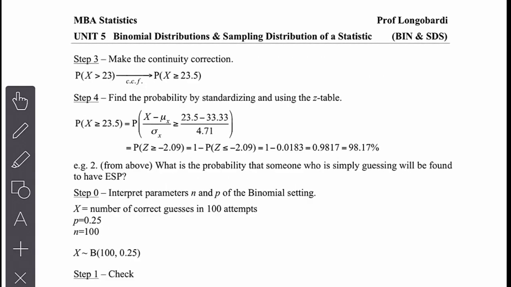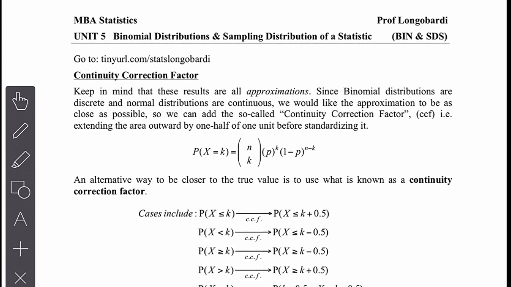Now I want to spend a little time discussing how to make your estimation of the probability exact, not approximate. So this is for exact approximations.